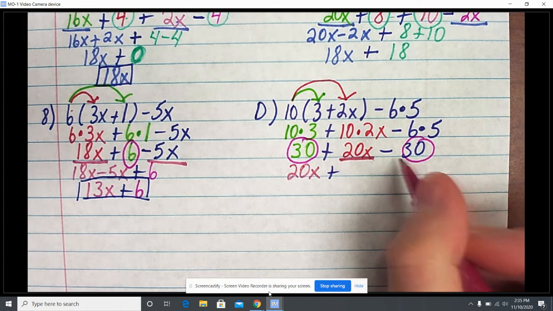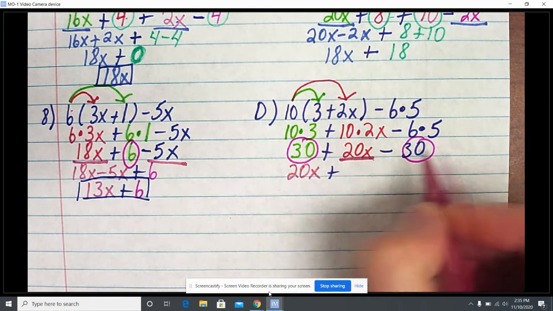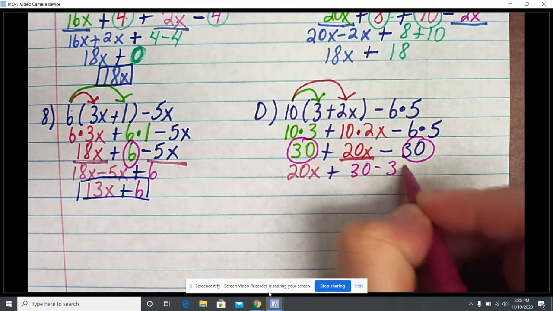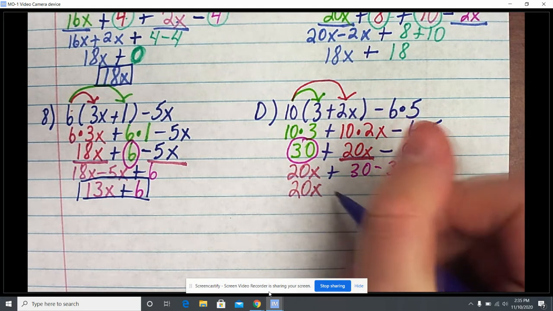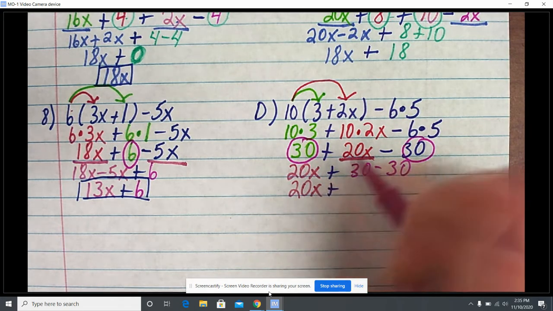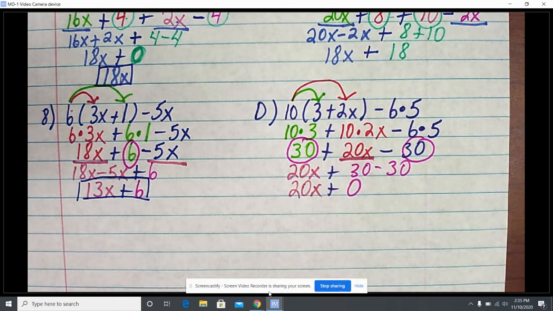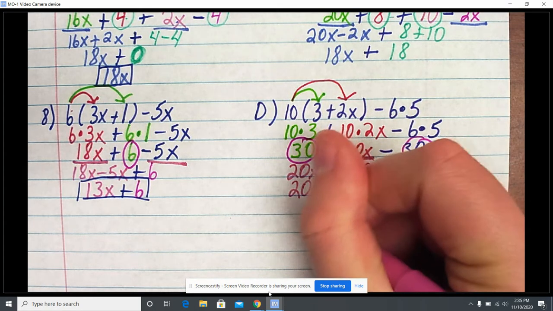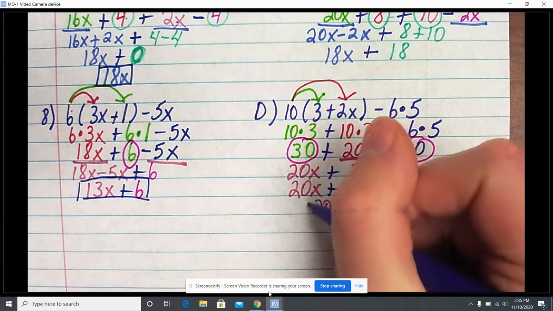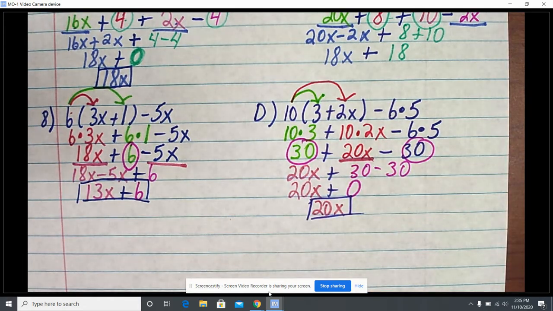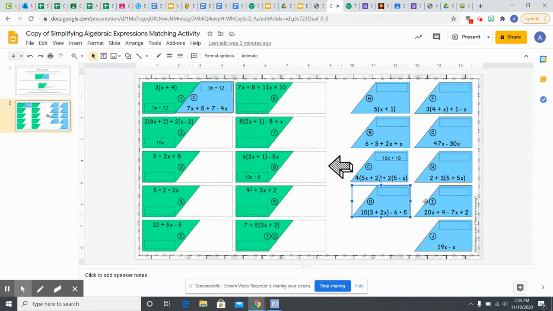So look at my second circle one. There is a minus sign, so that means I'm taking 30 minus 30. So when I do that, drop down my 20x plus, and I take 30 minus 30, which just gives me 0, which means my answer is just going to be 20x, because 20x plus 0 is 20x. Alright, head back over, and this is on D.